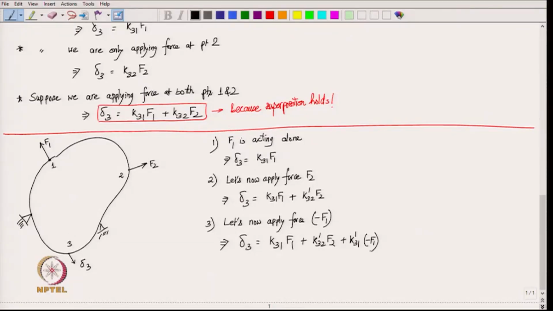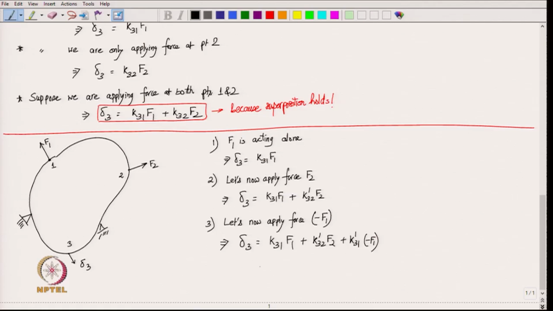And notice again that we have K31 prime, which is not the same as K31, because after step 2, when both F1 and F2 are acting, body is in a different state. So, the influence coefficient may have changed. So, we have K31 prime. But finally, when we look at the entire body after step 3, you only have force acting at point 2, right.